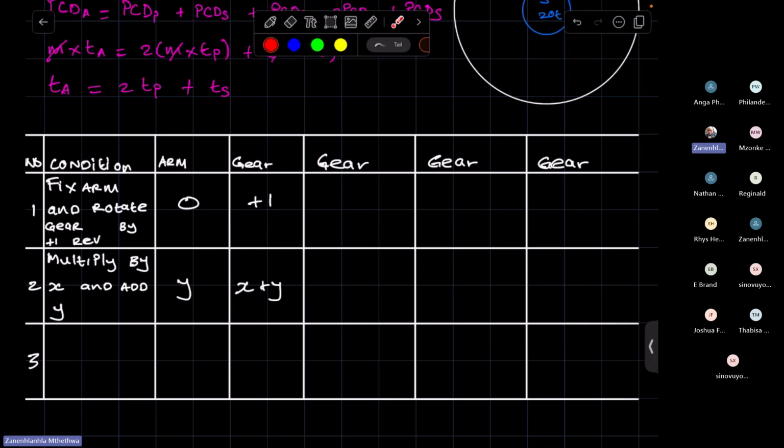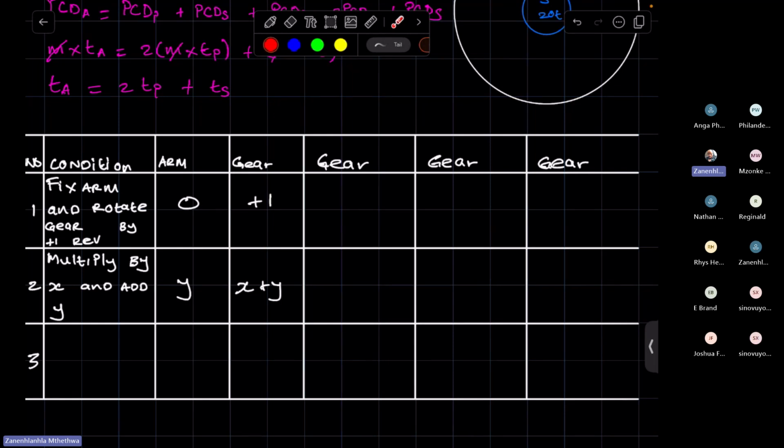Now, in completing the first condition, you only need one thing: the number of teeth of the gears. If you have the number of teeth of the gears, that is essentially everything you need to complete the first condition.